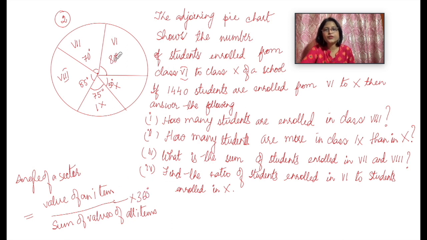So here for each of these angles given, let us find out the value of each of the items separately. So for that I have to clean a portion of the screen.